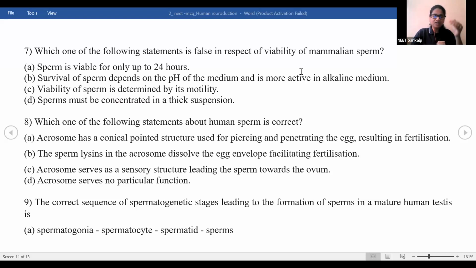Sperm viable for only up to 24 hours is right. Survival of sperm depending on pH is right. Viability determined by motility is right. All these three are correct statements. The D statement is wrong. So option D is the right answer, correctly answered by Anvita.